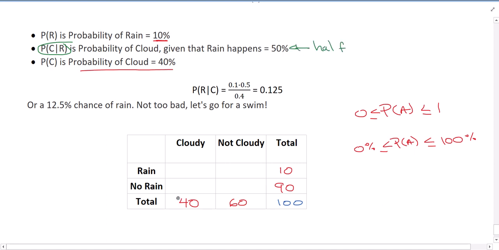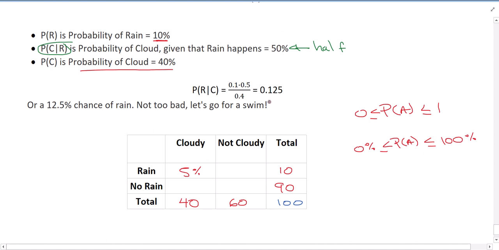And so, notice that if I put 50 here, I'm going to have a problem, because 50 plus what equals 40? So that's not right. Instead, that's why I want to think of it as half, because the probability of cloud given rain is half, right? 50% of the total. So that means it's going to be really 5% here.